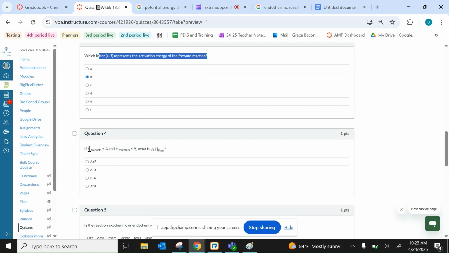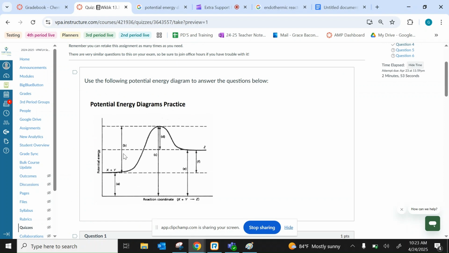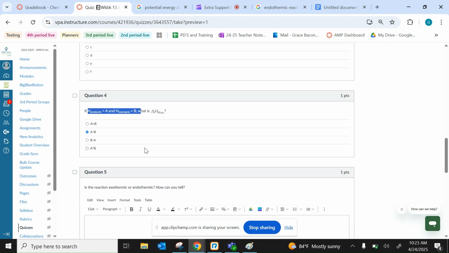I know enthalpy of reaction is equal to enthalpy of products minus reactants. So in this case that's going to be A minus B. And these are not the same little a's and b's as we see on our graph. This is just corresponding to some value. Maybe products is 70 kilojoules, maybe B is 30. So to figure out the enthalpy of reaction, I would do 70 minus 30.